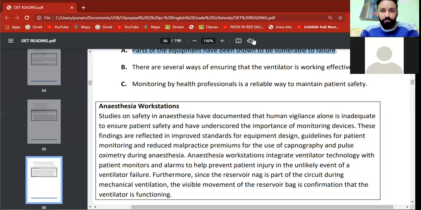See the words failure, ventilator, vulnerable, so don't get confused. This is not the answer. Yes, but we can strike this as well. Okay, fine, we can do that as well. Now let's go for the next, but we still need to know why B is the answer, right?